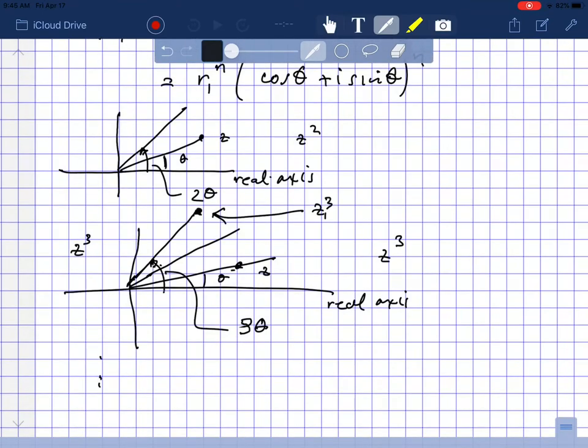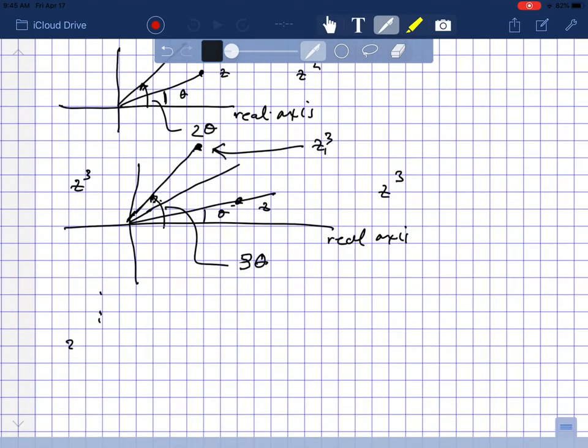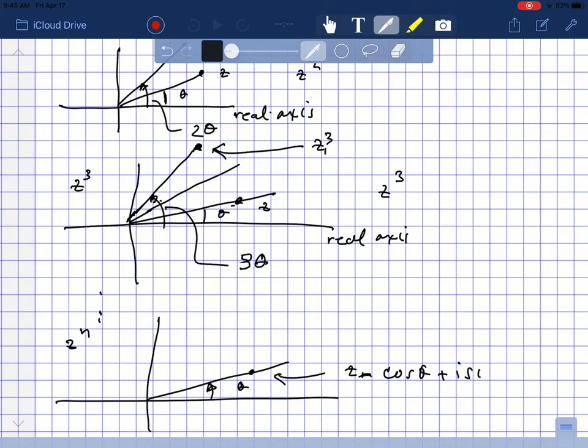And if I continue this pattern, then z to the n power. So here's z, this is theta, so here's z equal, let's say, the cosine of theta plus i times the sine of theta.